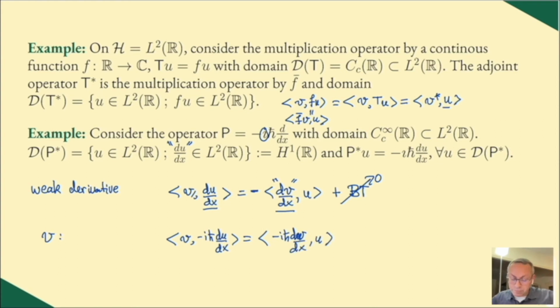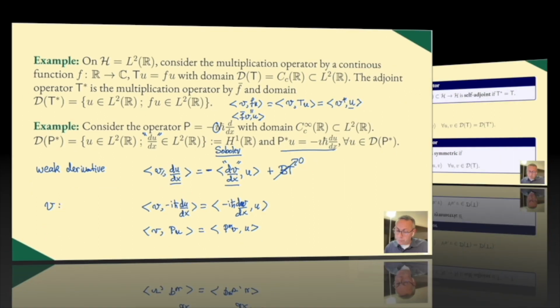So namely, this is P on U, it's equal to, well, this would be my P star on V, right? So we get exactly, as mentioned here, the same action. And this space has a name. It's one example of what is called a Sobolev space. If you do some PDE, you will meet them. So this is another example of computation of the adjoint.